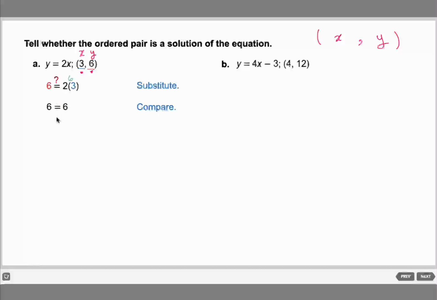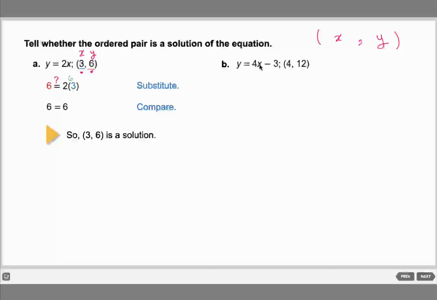If they are equal, so the given ordered pair is a solution or is not a solution? A solution. Yes, if they are equal, so the given ordered pair x and y, in this question, it's 3 and 6. So 3 and 6 is a solution.